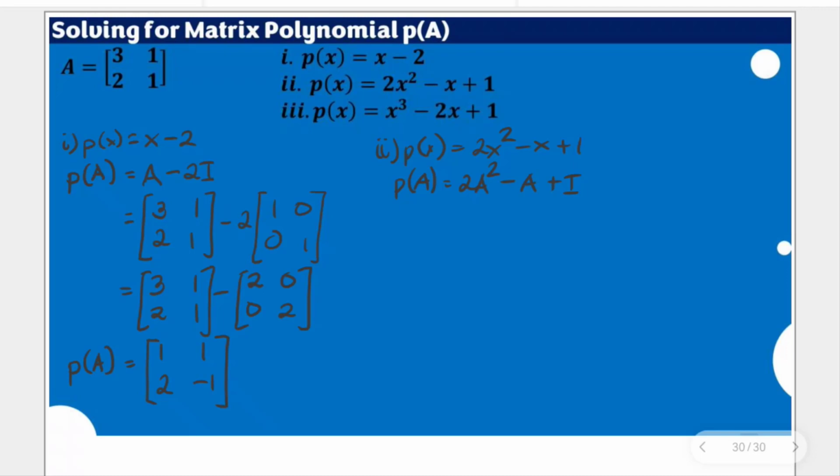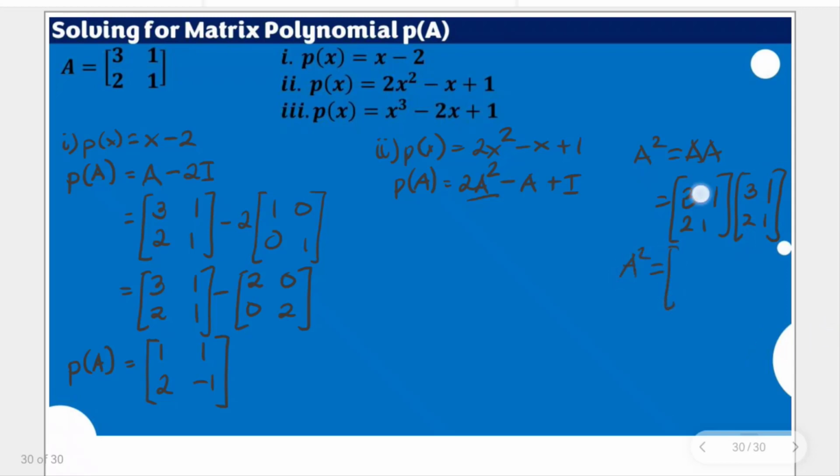Now, A squared is, of course, the result when we multiply A by A. So before we apply A squared here, let's solve for A times A, which is the product of 3, 1, 2, 1 to itself, 3, 1, 2, 1. Let's do it step by step.